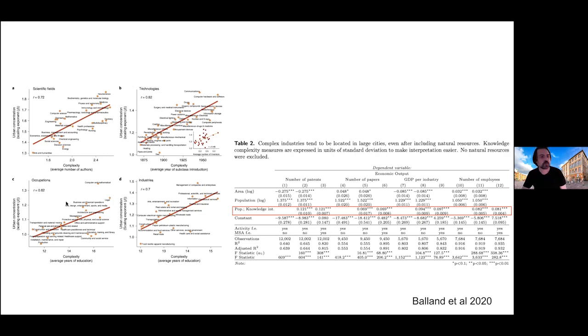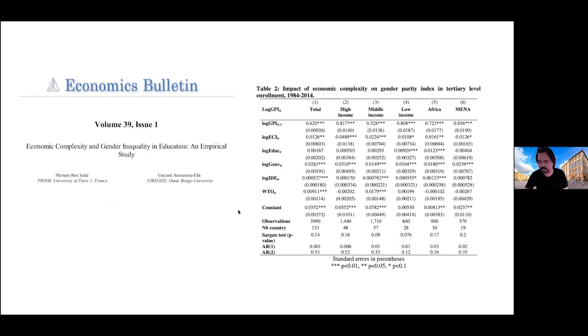We do the same for industries, using measures of education here as proxies for complexity, and here you have the same story, but told in a regression language in which we're looking, for instance, at the number of patents that a city produces in a certain class, and we use the interaction between population and knowledge intensity as a measure of the effect of economic complexity on the superlinearity of that scaling.